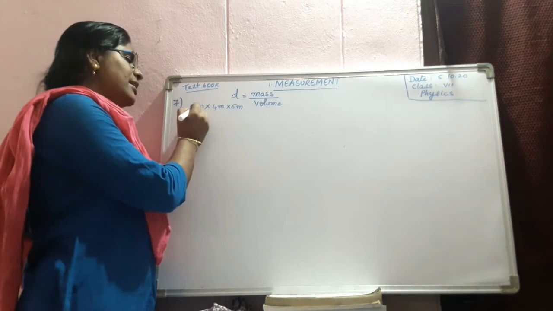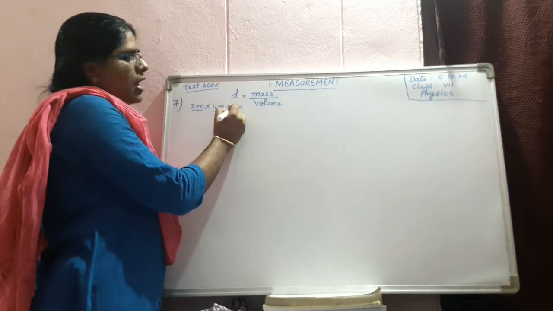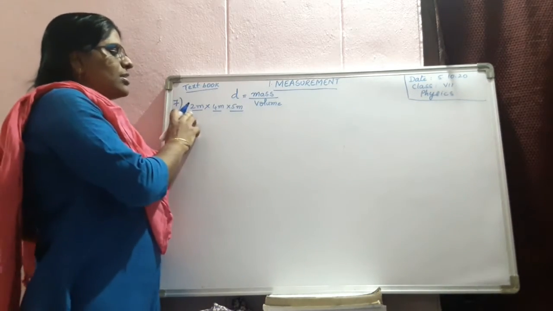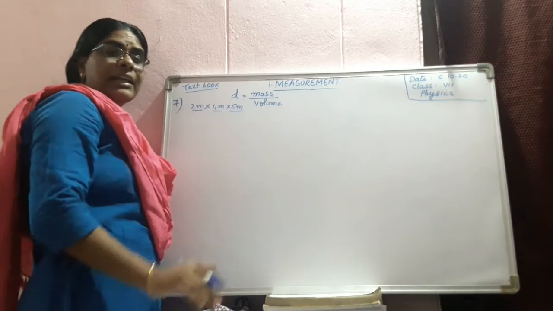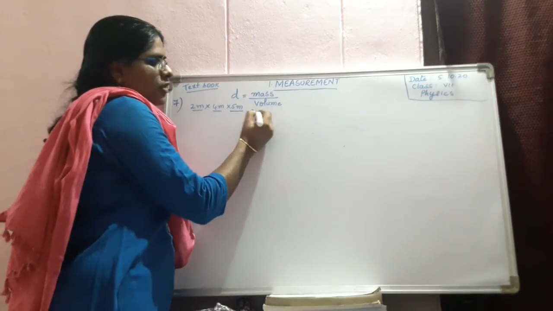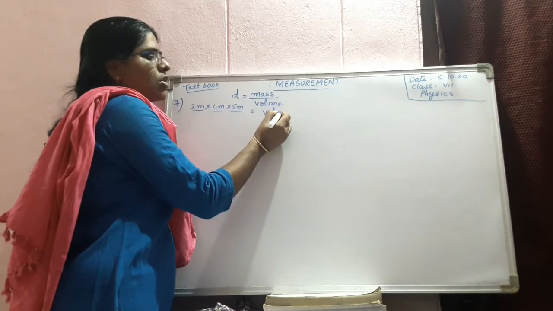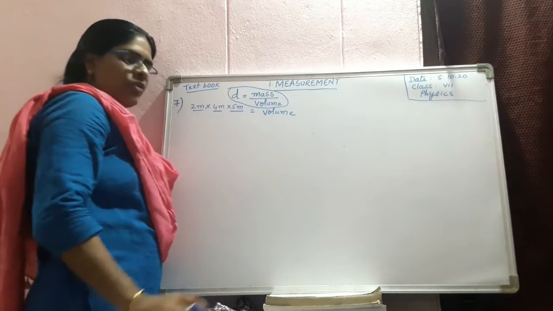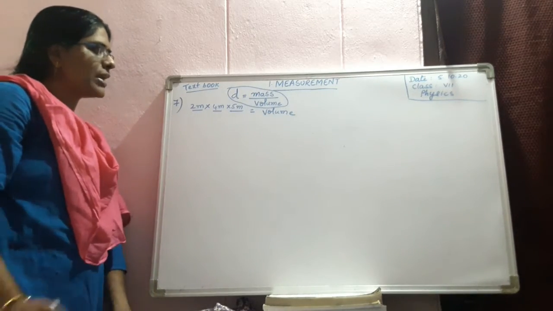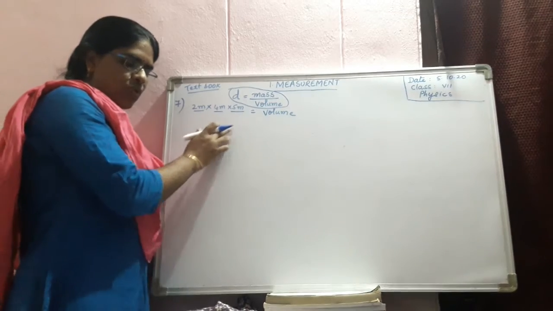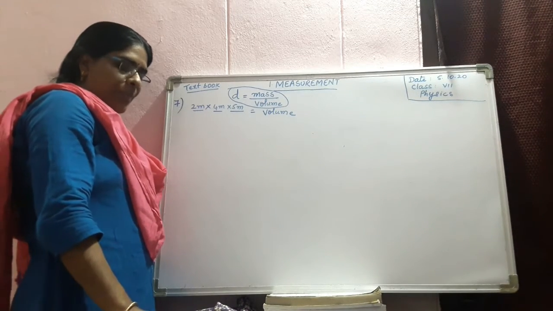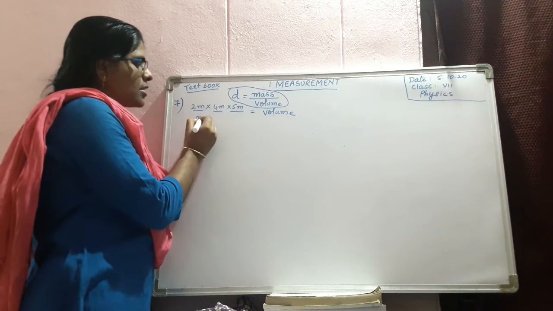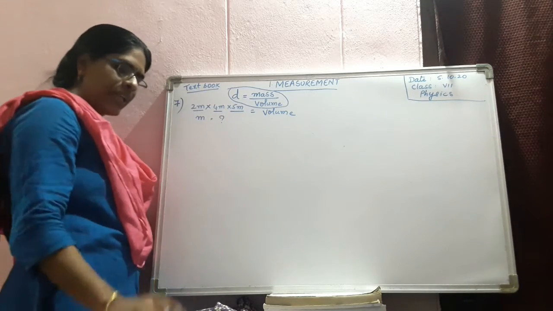That means the length, breadth and height of the water tank is given. Here the length, breadth and height refer to a physical quantity called volume. What mass of water can it contain? That means we need to find the mass.